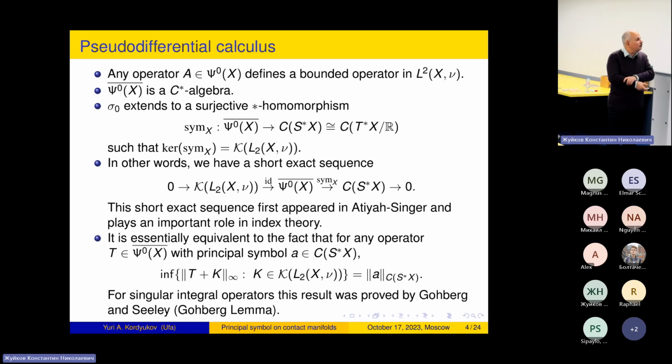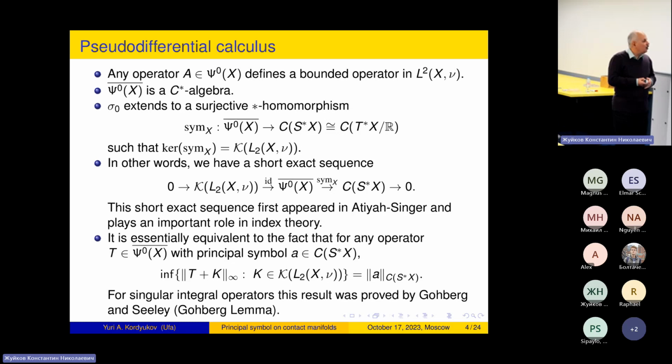And it turns out that the principal symbol map extends to this closure, surjective. So this is a star homomorphism. Now we have the principal symbol map to continuous functions, which is surjective, and the kernel is just the compact operators. So the operator is compact if and only if the principal symbol is zero.